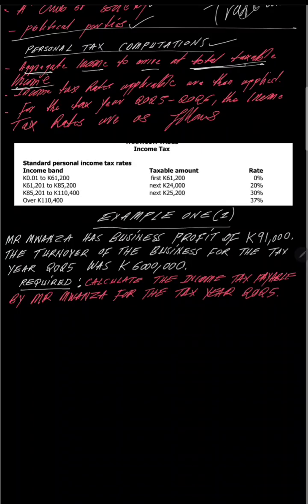Now, when you get the total taxable income, you're going to apply the income tax rates applicable for that particular year. Every year there are income tax bands that are applicable in every fiscal year. So for the tax year 2025 to 2026, the income tax rates are as follows.